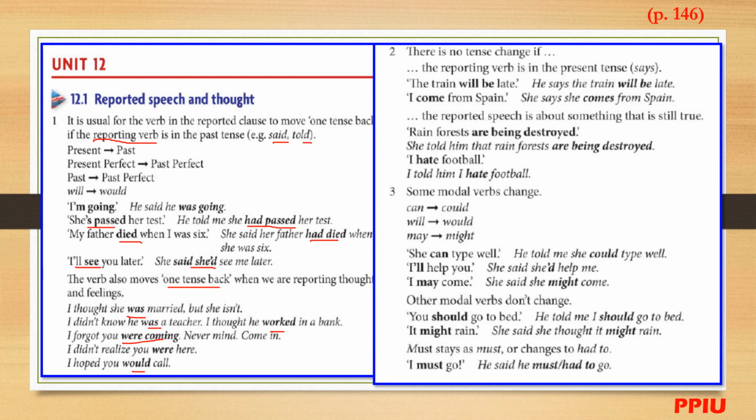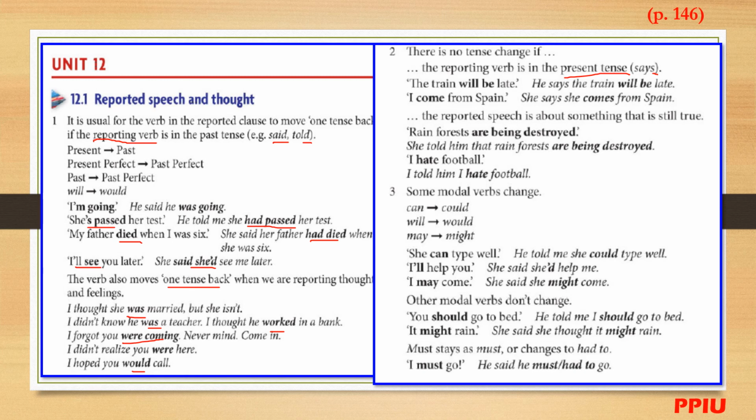Okay, there is no tense change if the reporting verb is in the present tense, like say or tell. The train will be late, he says the train will be late, you see, the same. I come from Spain, she says she comes from Spain.